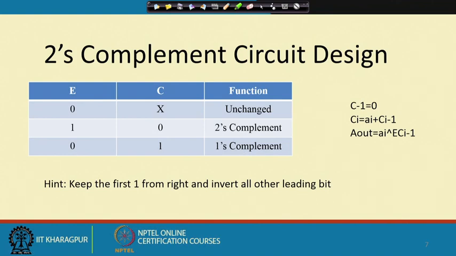As I discussed, I have to do the one's complement, and then if we add 1, it will become the 2's complement circuit.